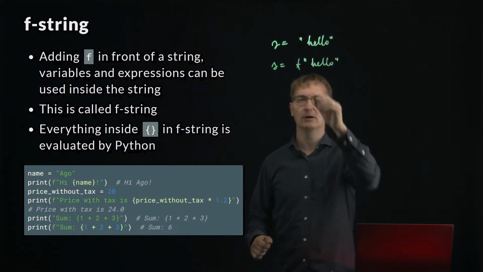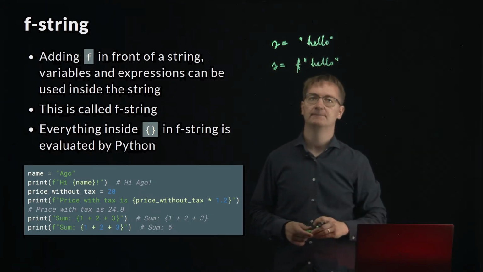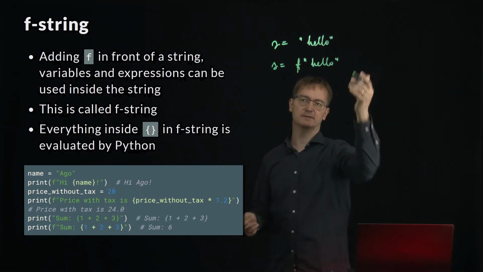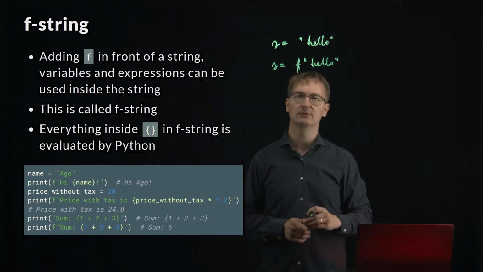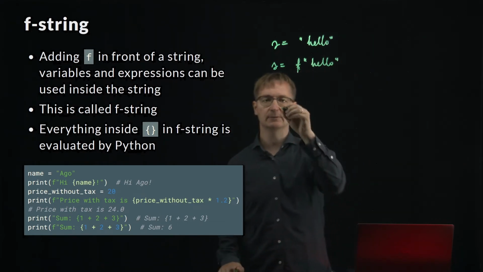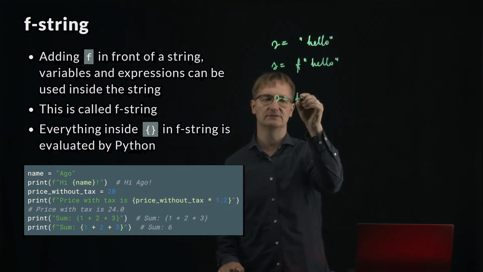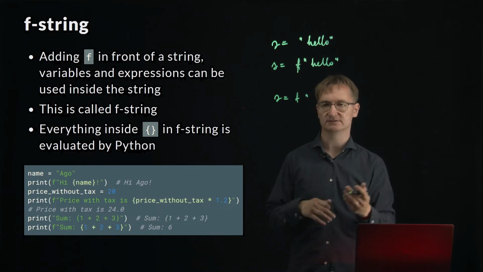So basically now this becomes f-string. And in this example there is no difference, because the value itself is the same. But what we can do with f-string is that we can evaluate different Python expressions inside the string.